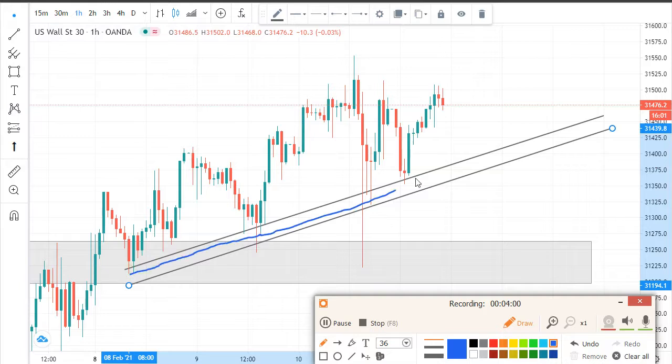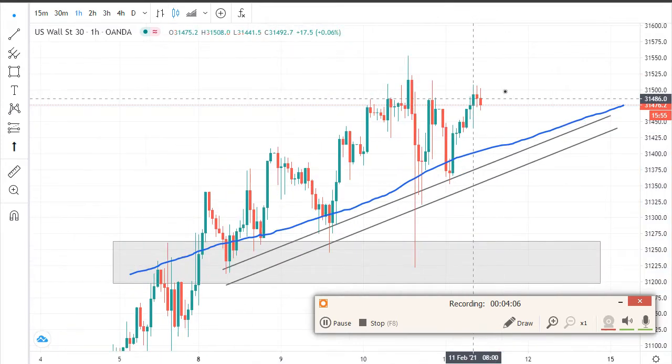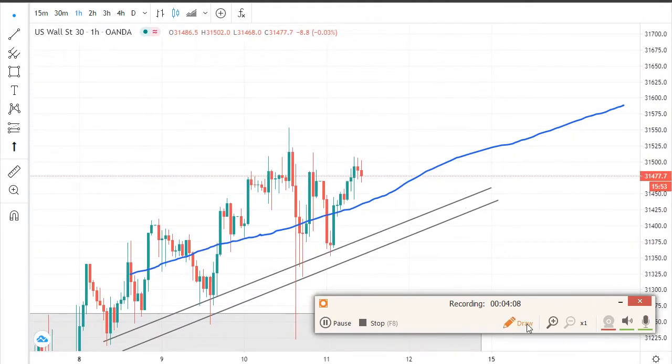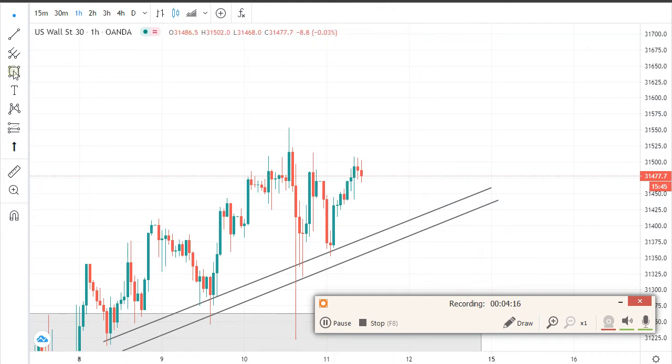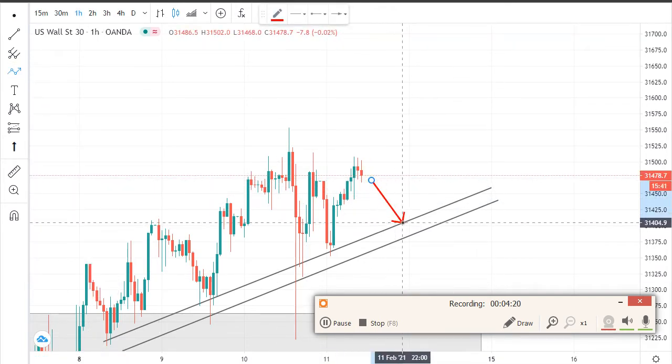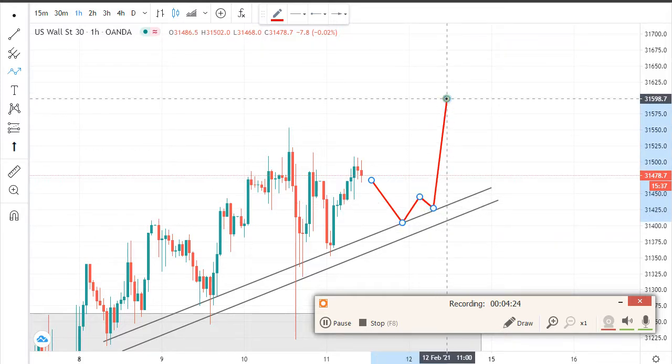Focus on the bottom one like this one, the support. Then place your focus on the market, let's just see, wait for the market to come here, something like this.